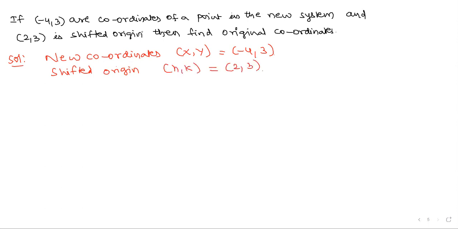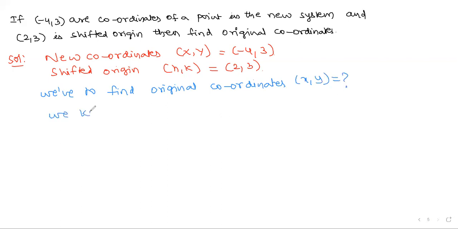Here we have to find the original coordinates, which means we have to find small x, small y.